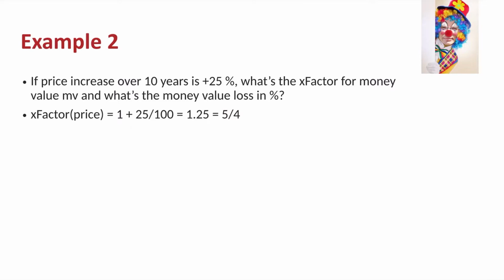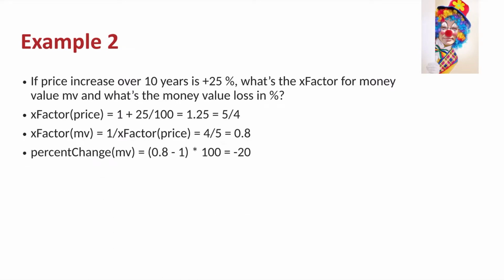I think that's clear. And this can also be expressed as 5 over 4. But the X factor of the money value is the reverse, so 1 over the X factor of the price. And this is 4 over 5, meaning 0.8.